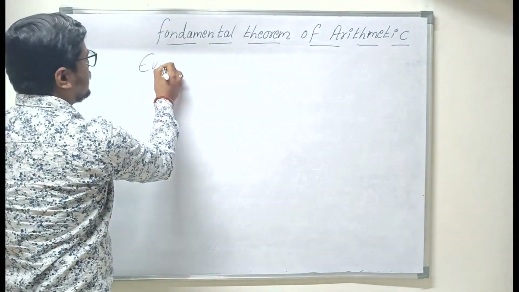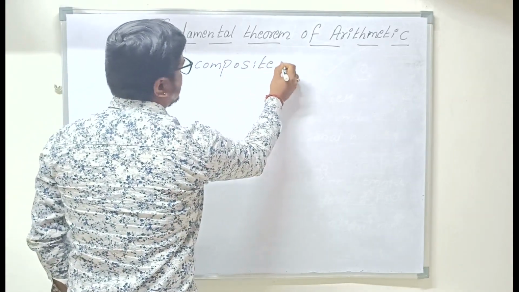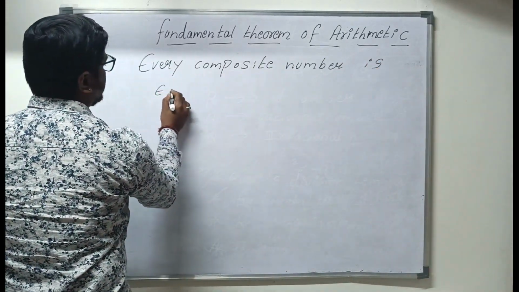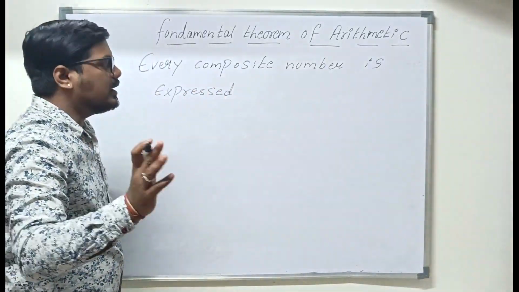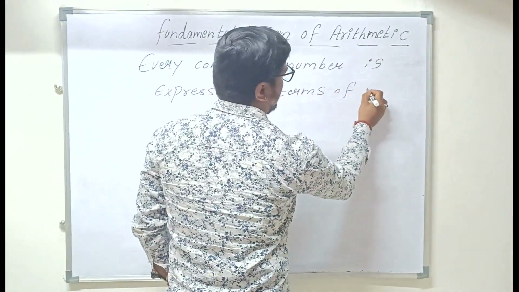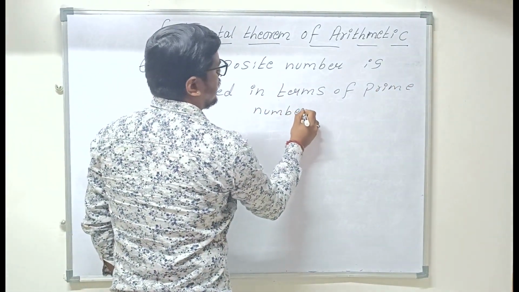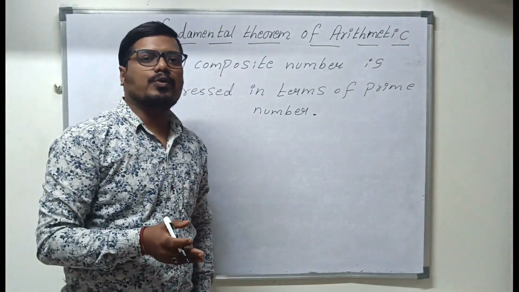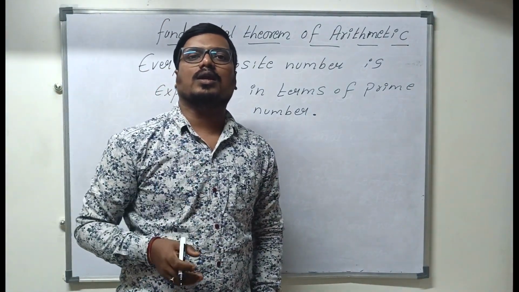Every composite number can be expressed in terms of prime numbers. Any composite number you take, if you express it in terms of prime numbers, that theorem is called the fundamental theorem of arithmetic.